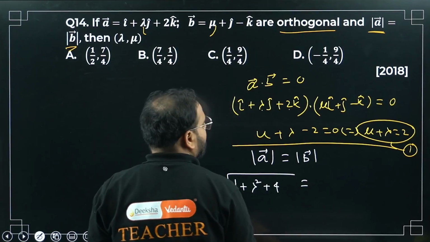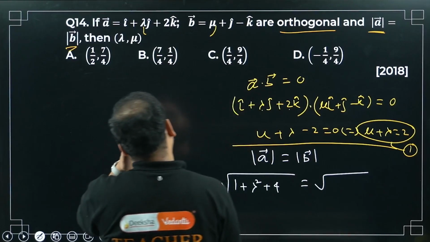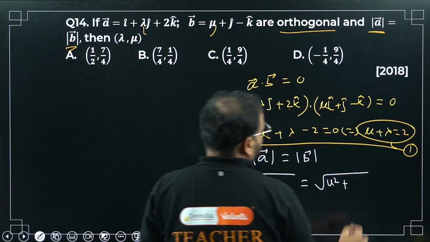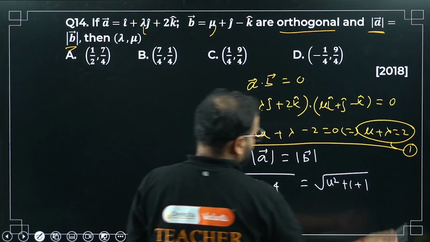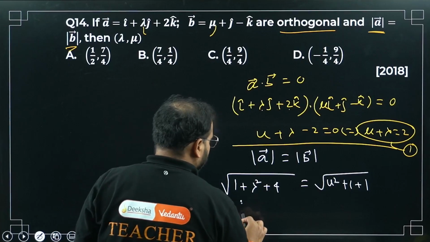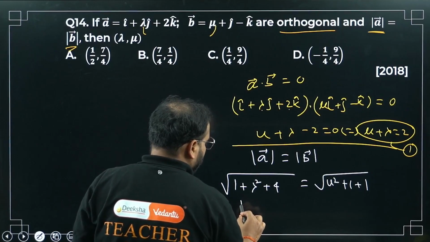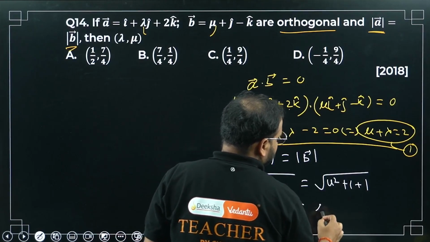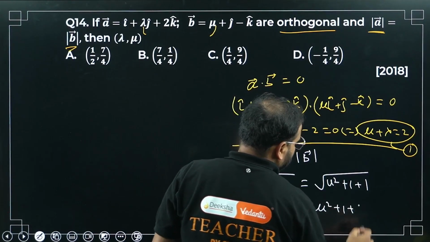On this side, again root will come. So mu square plus 1 plus 1, sir, whole square. If you do, the root will be cancelled. So I get 1 plus lambda square plus 4 only. Over this side, mu square plus 1 only.